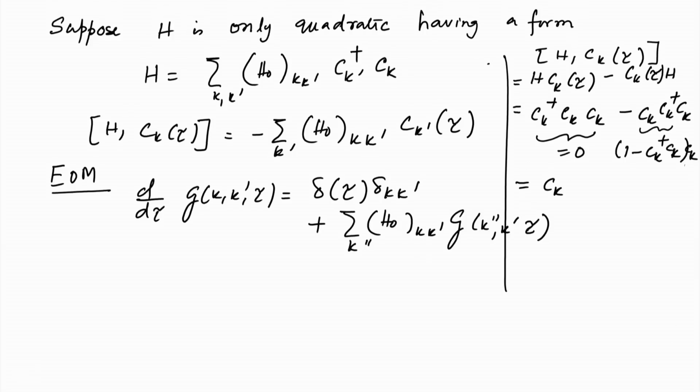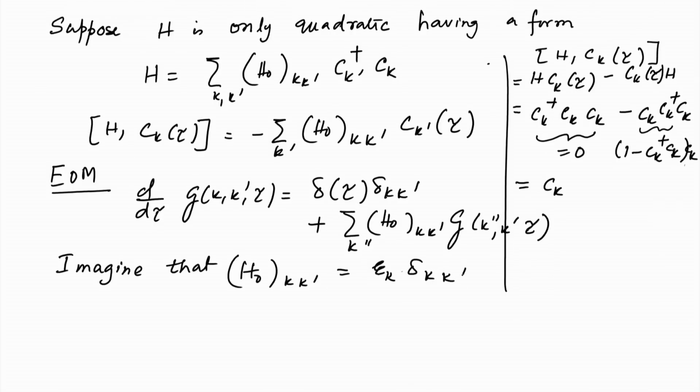Now, let us imagine that H 0 k k prime contains a diagonal part which is epsilon k delta k k prime, and plus an off diagonal part which is given by V k k prime, which means this is the diagonal term and this is the off diagonal term.